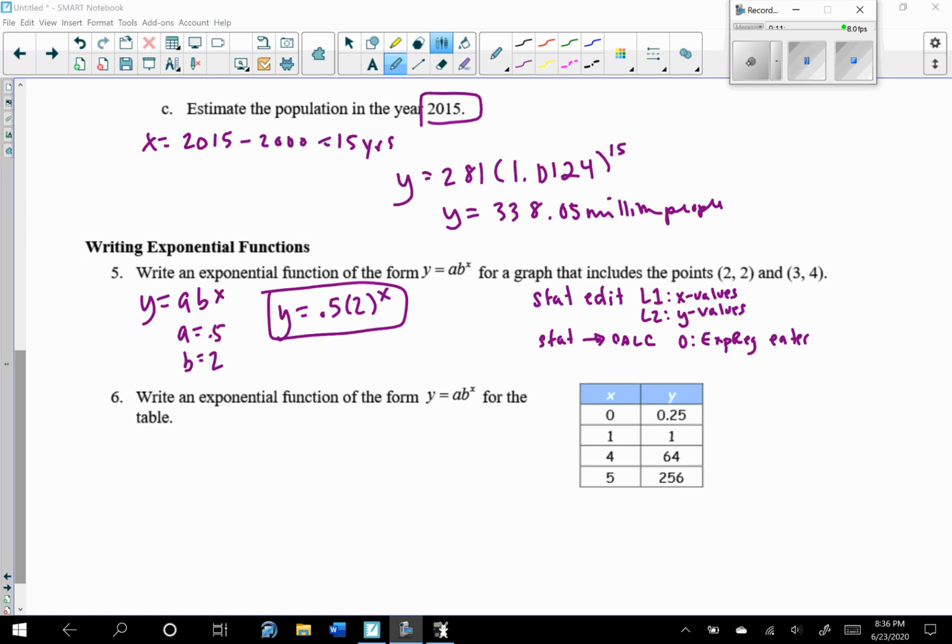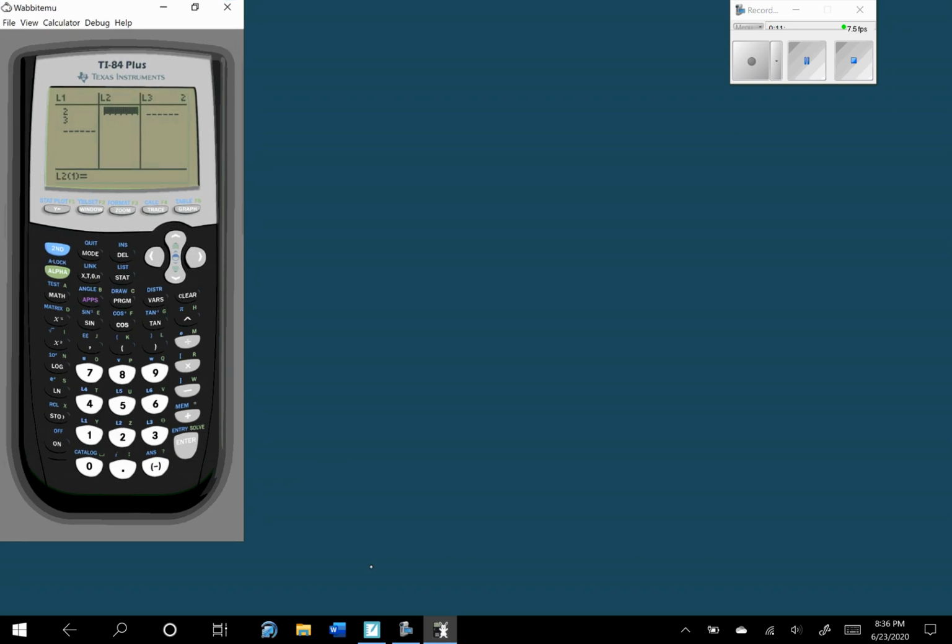All right, so if we look at this one, we go to our stat and then enter on edit, we have our stuff from our old list in there. To clear it out, you can do one of two things. I can clear it out by going up to the list name and hitting clear and pushing down. Don't hit delete, because if you hit delete, notice it deletes the actual list, which you don't want to do, and then you would have to insert it back in.